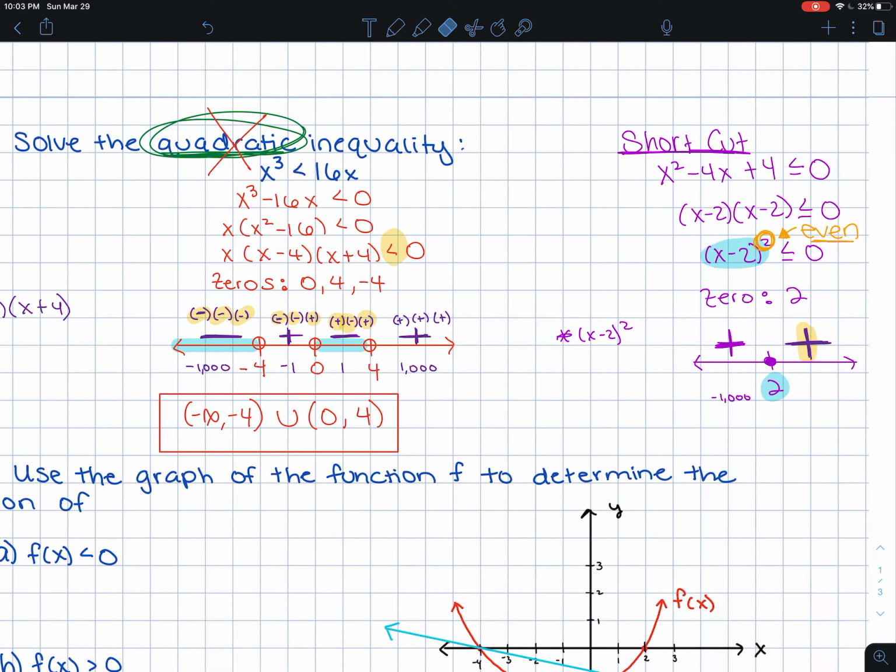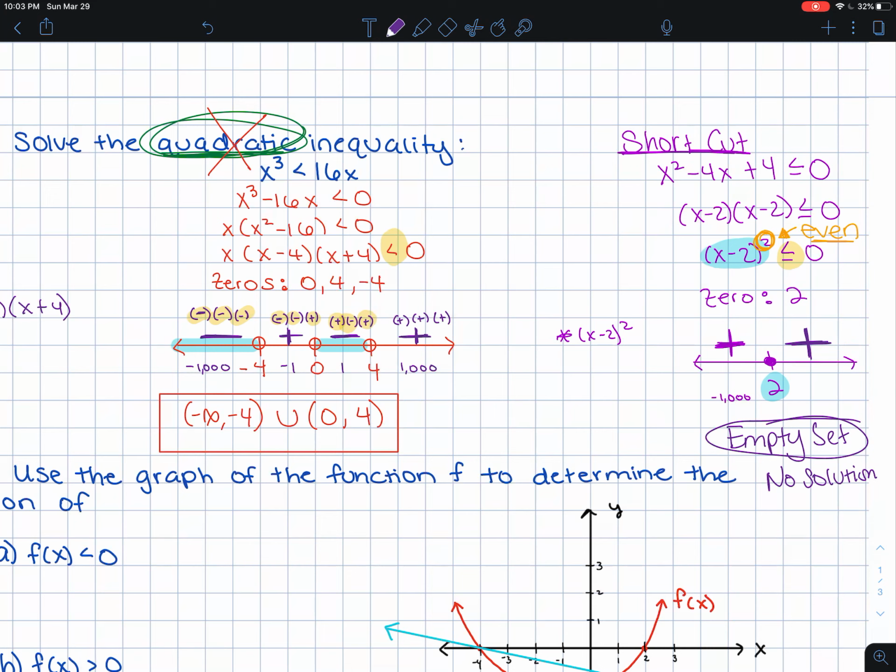Which part of my intervals do I shade? If you said nothing, you're correct, because the inequality says that we want all the solutions that make this less than or equal to 0, but we have no solutions.